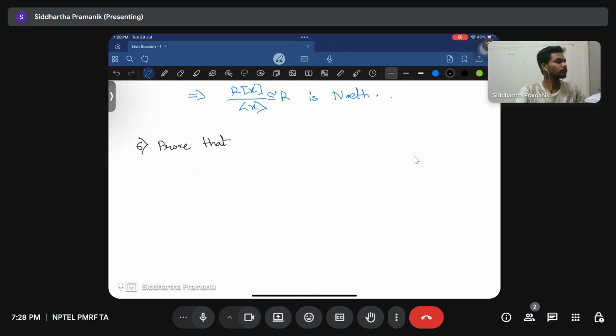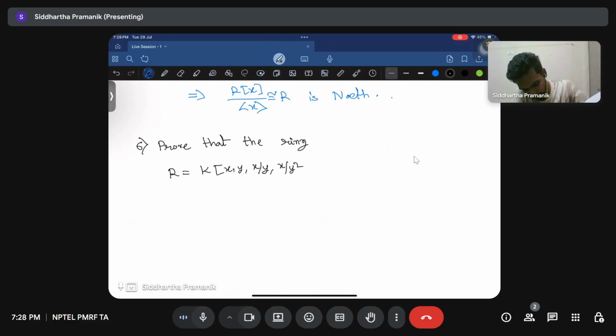Prove that the ring R equals k[x, y, x/y, x/y², and so on], which is a subset of the fraction field of k[x,y], is a non-Noetherian ring.